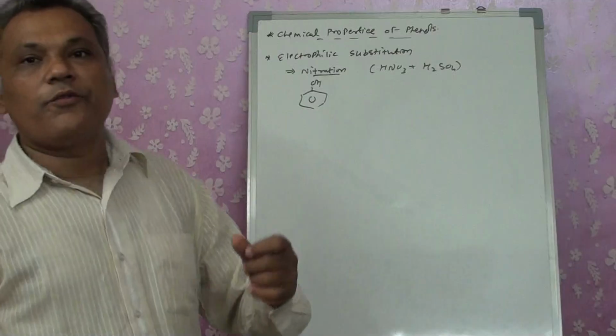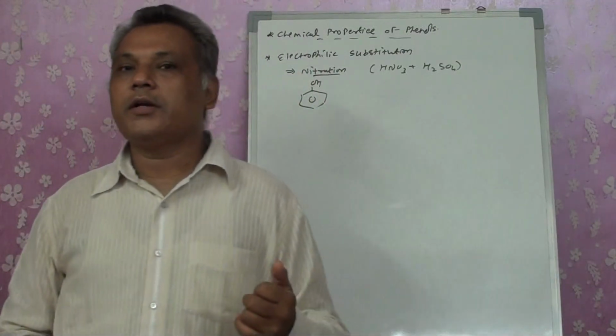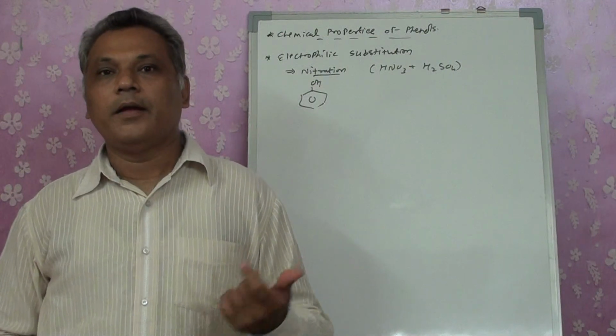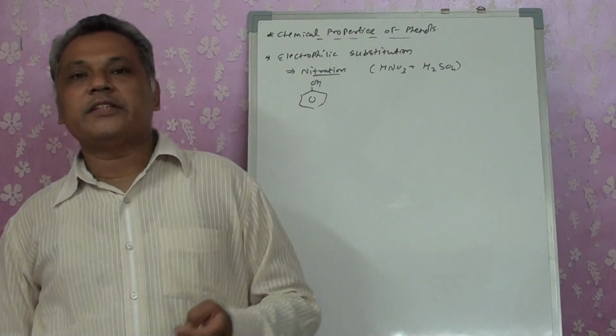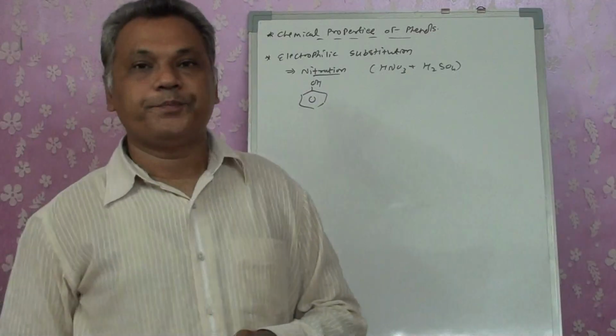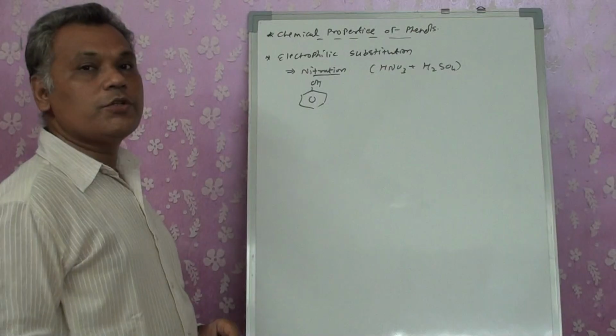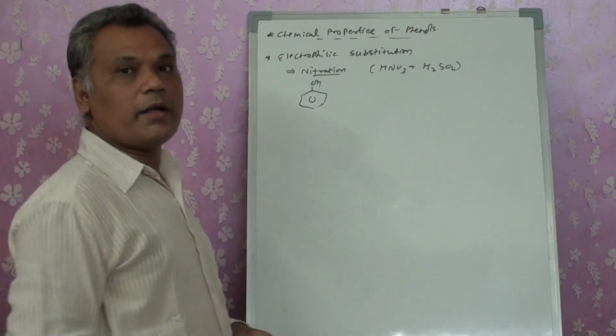So the first characteristic we have to recall is whether this OH is ortho-para-directing or meta-directing. OH is an electron donating group to the benzene nucleus, so it is going to act as ortho-para-directing.